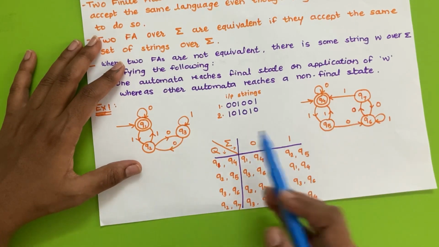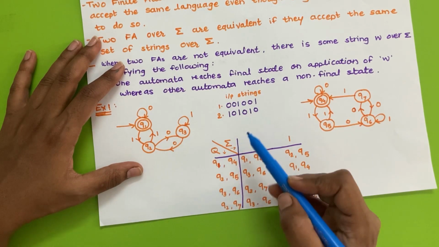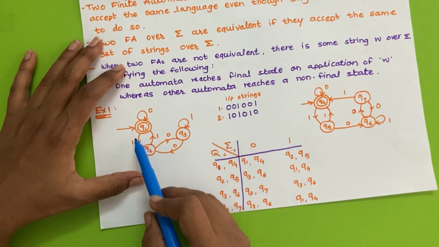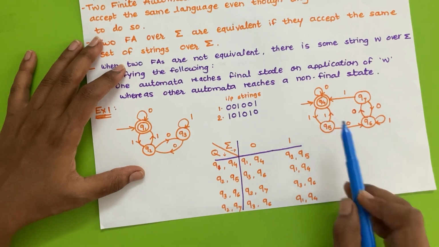As we have already discussed in equivalence of finite automata, these two finite automata accept the same set of strings. Here we have three states, and here we have four states.